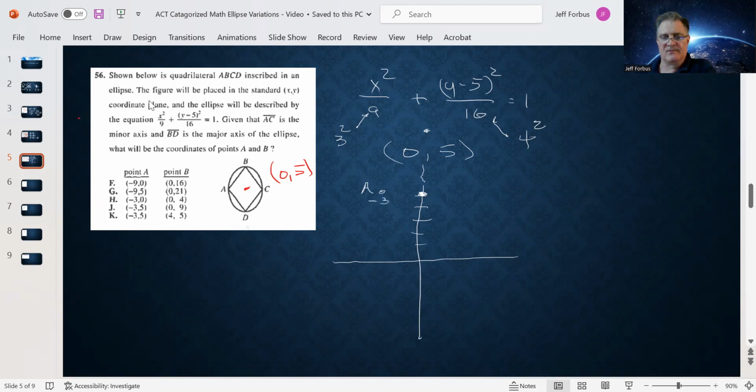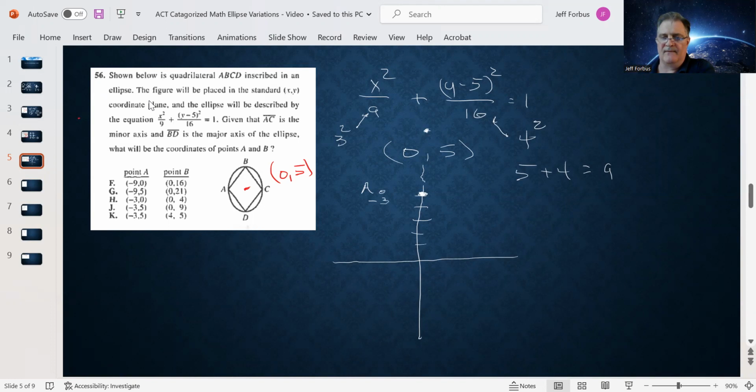Now we're at (0, 5), and we've got to go 4 more places up on the y-axis. That's going to take us to 9. So 5 plus our 4 takes us to 9.